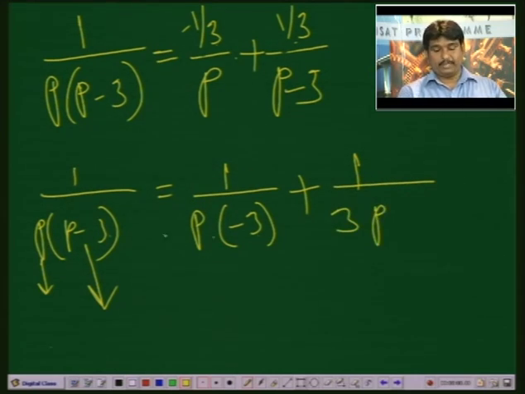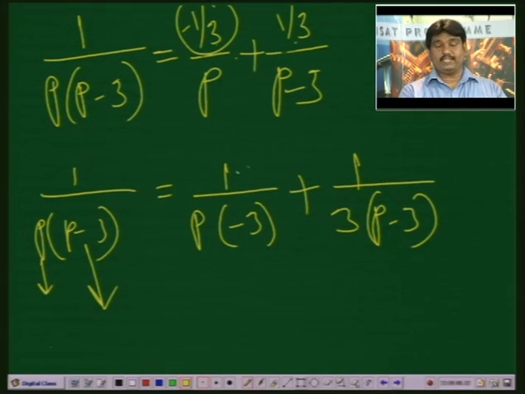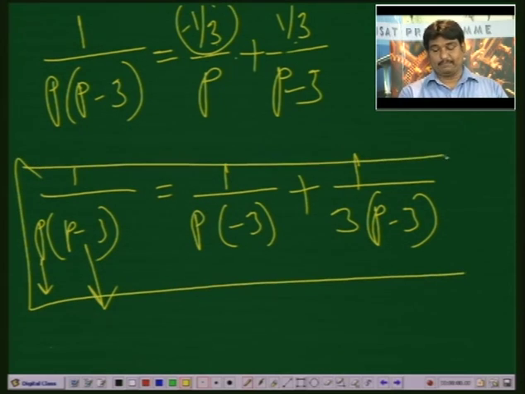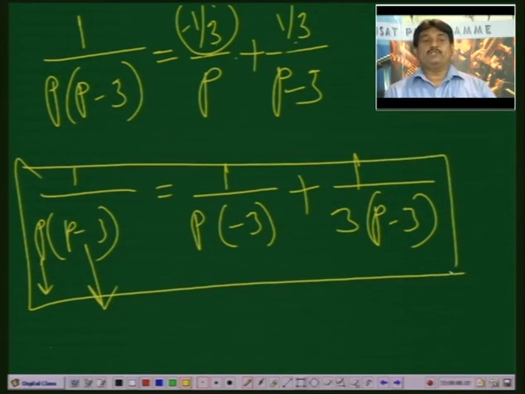So I will get 3 into p minus 3. So as explained, a is minus 1 by 3 and b is 1 by 3. So you can easily write this in one step: 1 by p into p minus 3 equals minus 1 by 3 divided by p plus 1 divided by 3 into p minus 3.